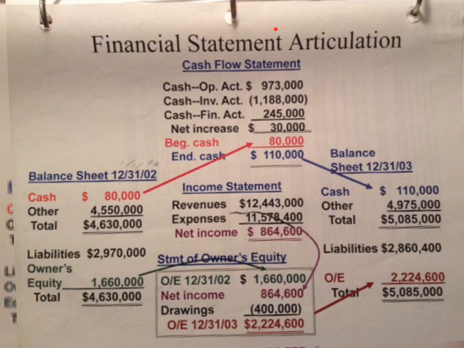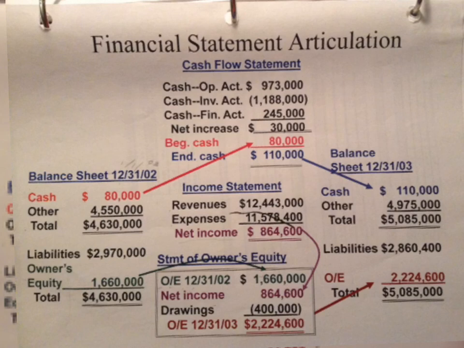And you can also see how statement of cash flows is tied. Here's your beginning cash tied to the beginning balance. And here's your ending cash, again, also tied to the cash at the end of the year. So it's kind of cool, and it's almost too hard to comprehend, and sometimes it's pretty hard to tie it all together.